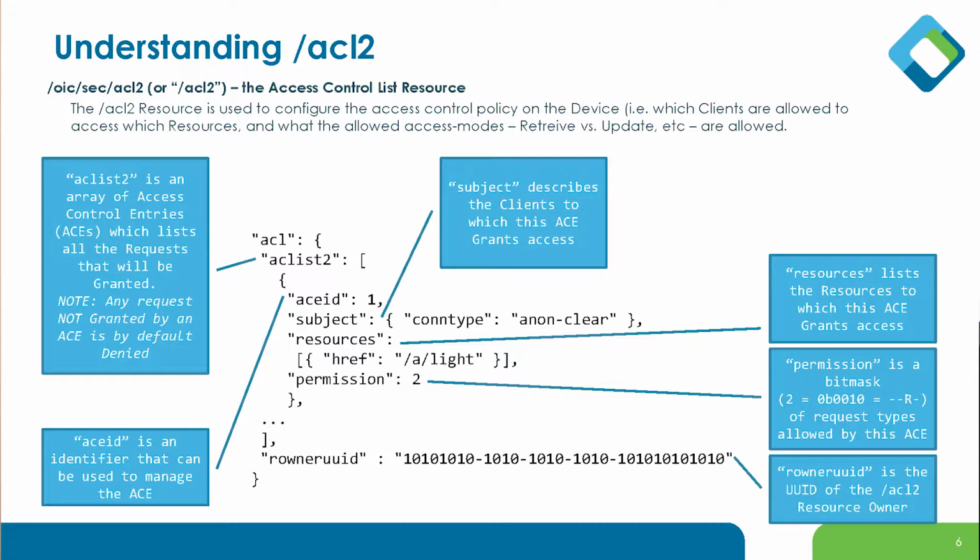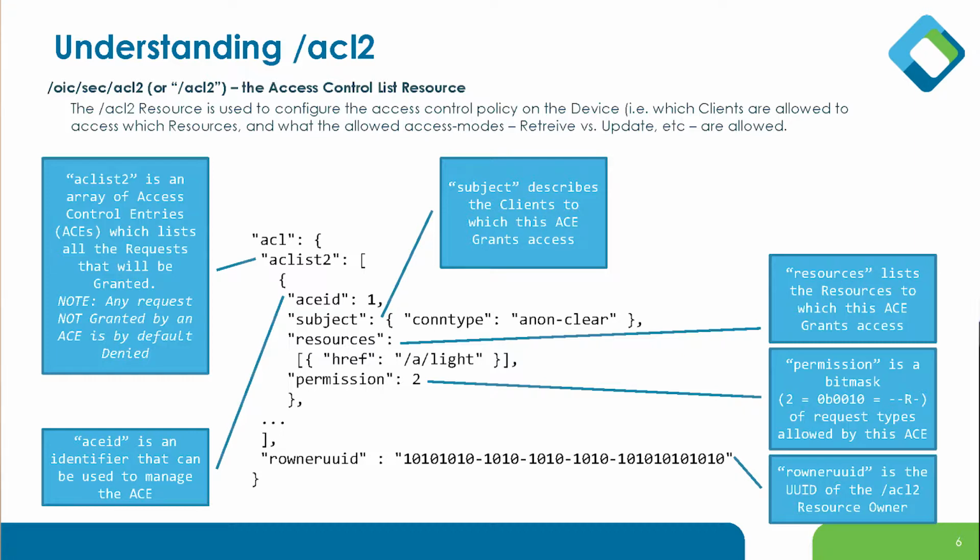But in order to make the access control list more compact, we've defined some sets of wildcards which apply to multiple requesters and also which apply to multiple resources. So this one is a wildcard that applies to any requester whose connection type is plain text, that is COAP, as opposed to COAP-S.